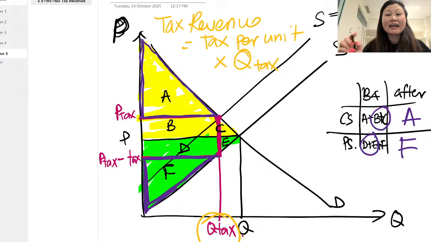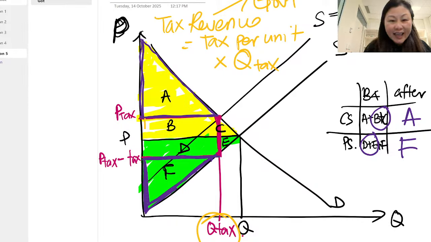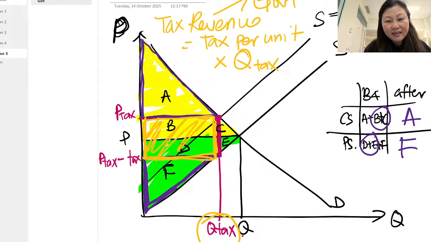And this goes to the government. And the government we then talk about redistribution of profit. So this area here, B and D, that area there is not a deadweight loss. That's a transfer surplus, not to consumer or to producer. That's a transfer surplus.